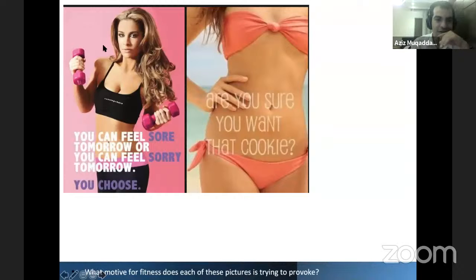Here's another one. It's another example. These are actual pictures, by the way. I've not created them myself. These are from the web. What motive for fitness is each of these pictures trying to provoke? You see one on the left and one on the right.